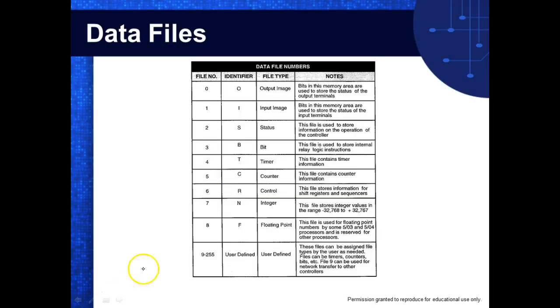So normally what we do is we start off with, and I think they put an X, which would be what? Yeah, this would be the type of instruction, which is going to be examine if closed or examine if open, right?